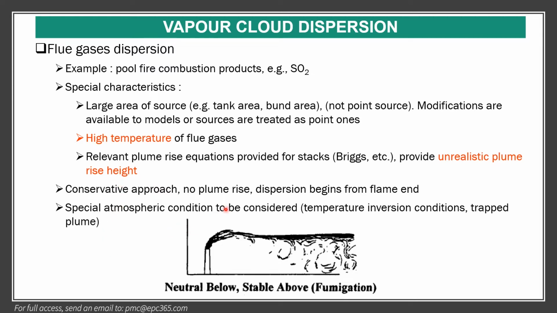The conservative approach is no plume rise, with dispersion beginning from the flame end, and especially atmospheric conditions to be considered are temperature inversion conditions and trapped plume, something like this.